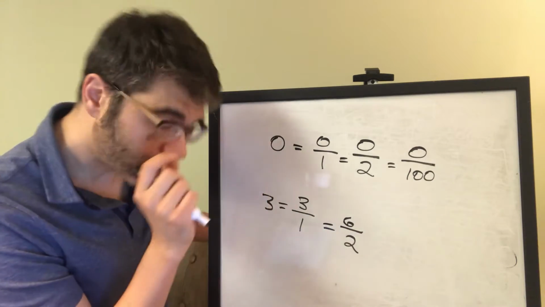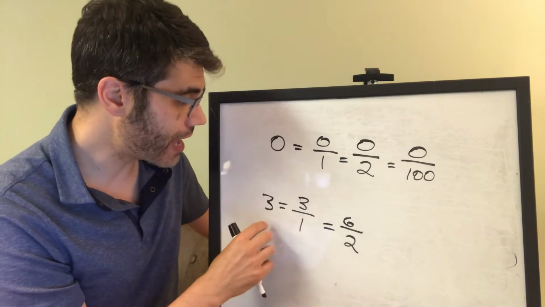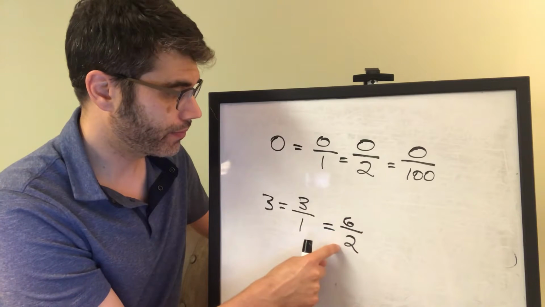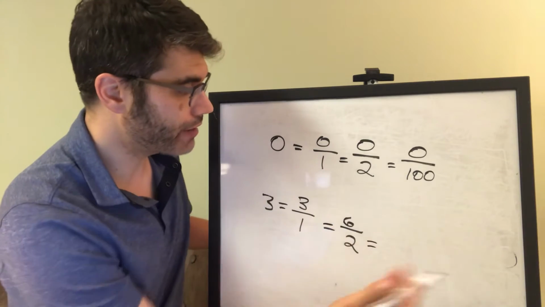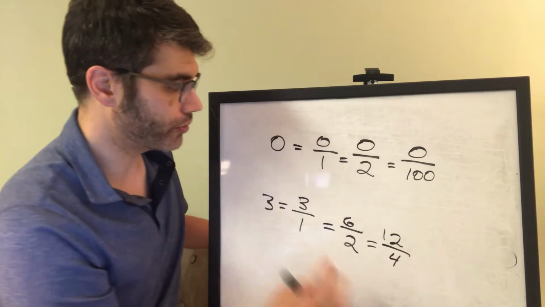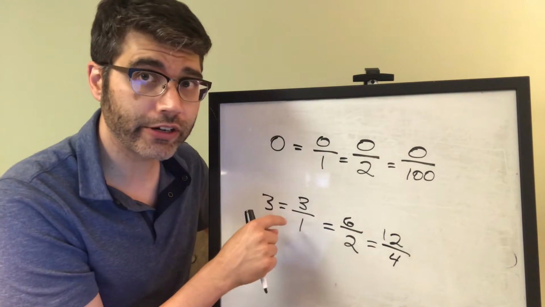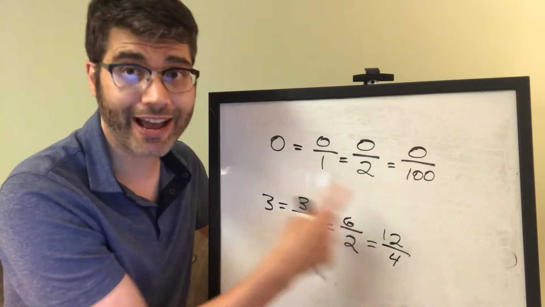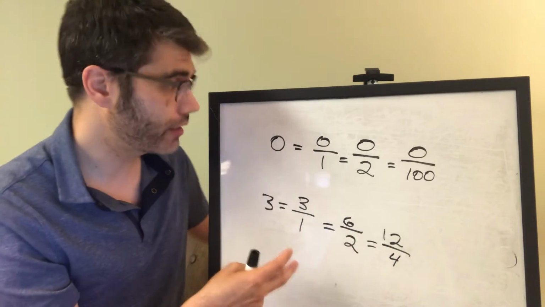So just as we had doubled the top and doubled the bottom, we could double it again if you want. You could say 12 over 4. That also equals 3. Whatever you do to the numerator, you have to do to the denominator in order to keep the fraction equivalent, okay?